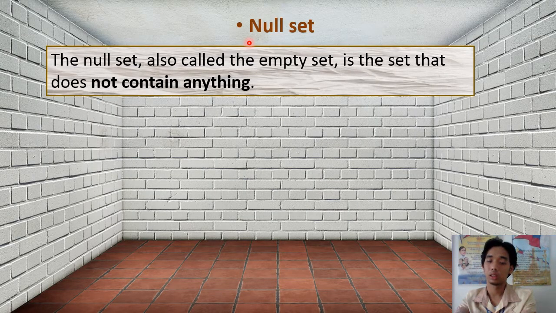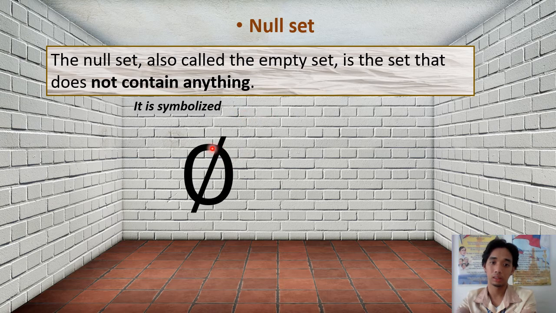Null set. The null set, also called as the empty set, is the set that does not contain anything. So null set simply means set na walang element. It has zero or no elements. It is symbolized like this, a 0 with a dash.